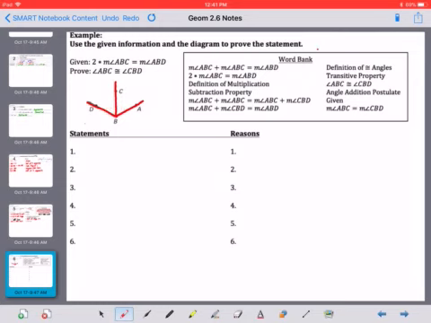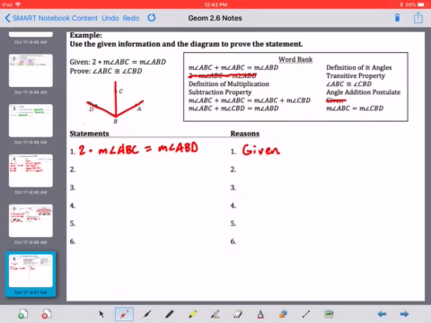All right, so let's start with what we know. We know that 2 times the measure of angle ABC is equal to the measure of angle ABD. Your first reason will always be given. So we used the given statement, and the given is the reason. All right, well, what does 2 times something mean?